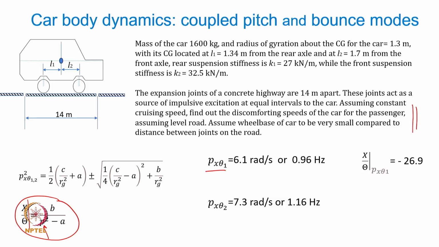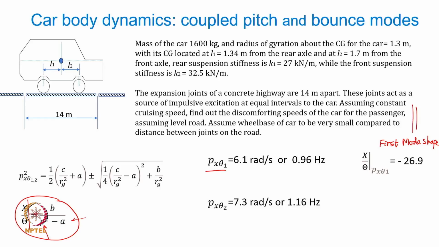So, the first mode shape is defined by this ratio x over theta equal to minus 26.9. That is the value that you will get if you substitute all the values, where A and B are known, and p is replaced by p_n theta 1. This is the first mode shape. Now, you would wonder what this mode shape is going to look like.